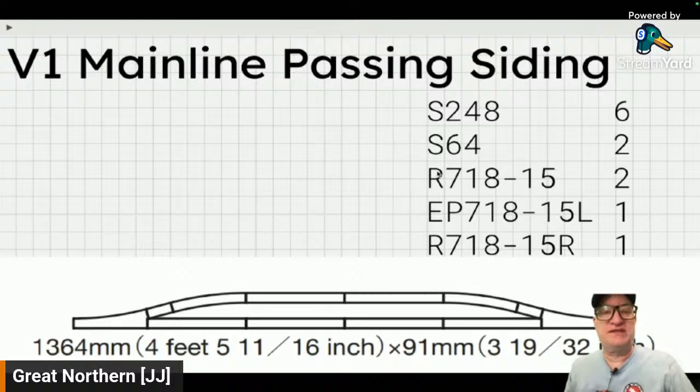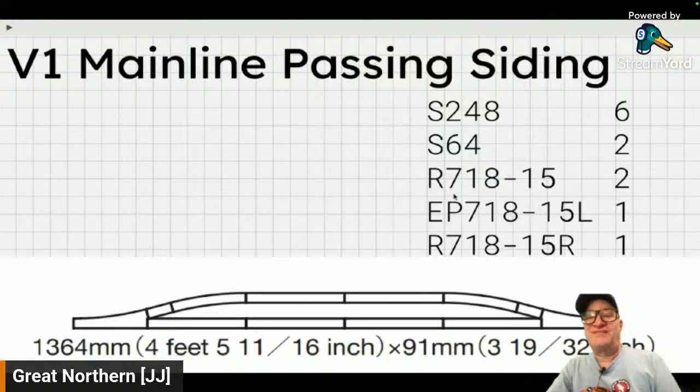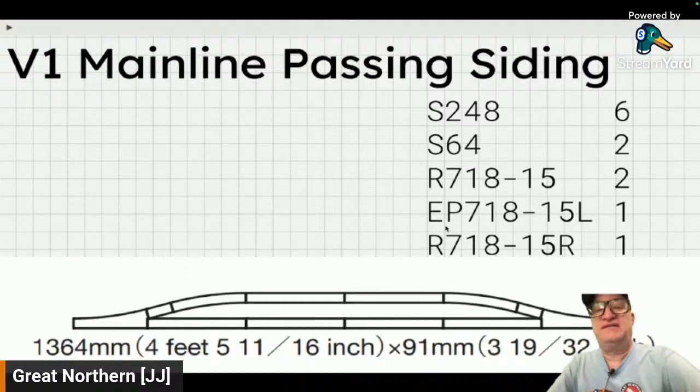This first one we're looking at is called the mainline passing siding. The reason is that you've got what they call number 6 turnouts. And I think this is a mistake in the publishing, or I wrote this one correctly, but S stands for straight track, and 248, that's 248 millimeters.